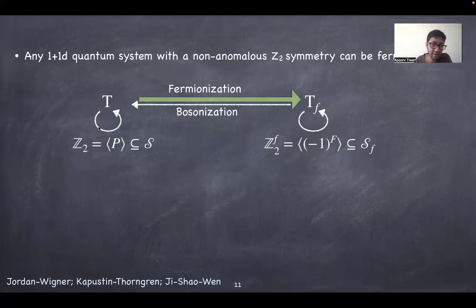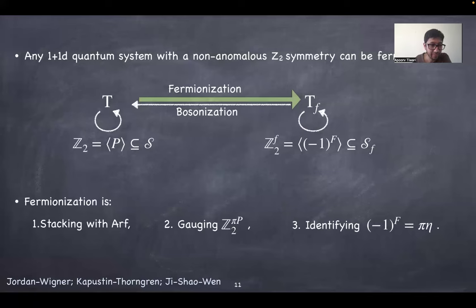Or conversely, starting from a bosonic theory that has some symmetry described by fusion category S that has a Z2 subsymmetry, one can fermionize the Z2 subsymmetry generated by P here in order to generate a fermionic symmetry category.